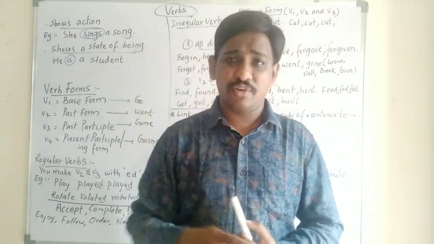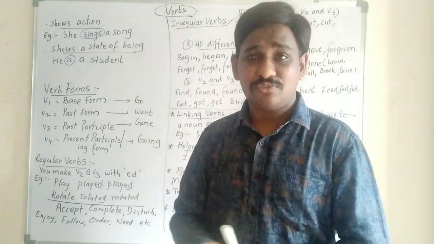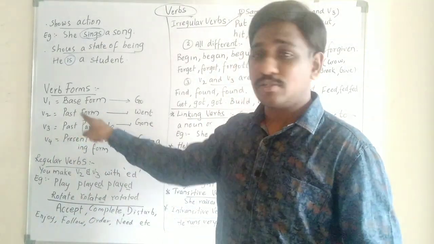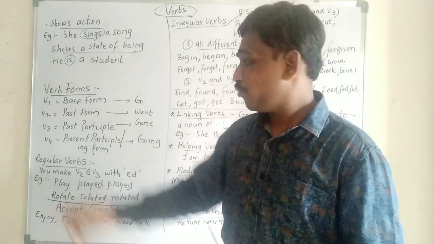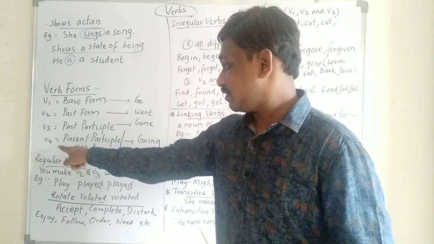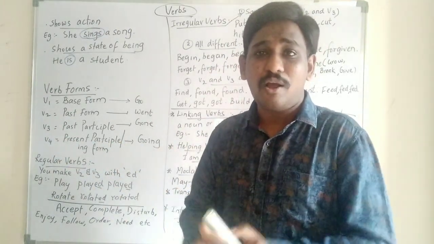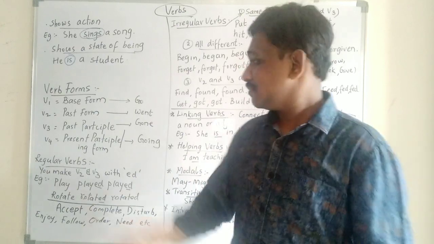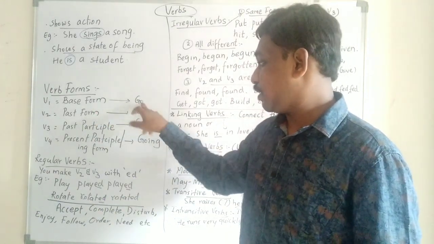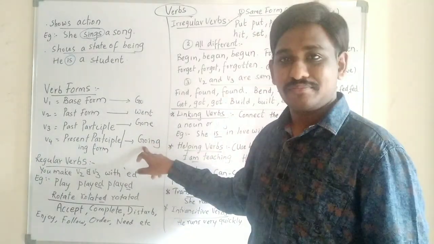Right. What are the verb forms? There are four verb forms. V1, that is called base form. V2, that is also called past form. V3, past participle. V4, that is present participle, or ing form, or gerund. First of all, let's see V1. Go, went, gone, going.